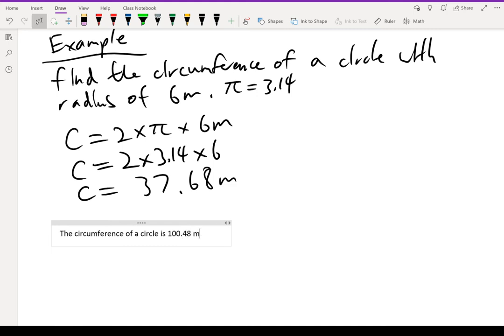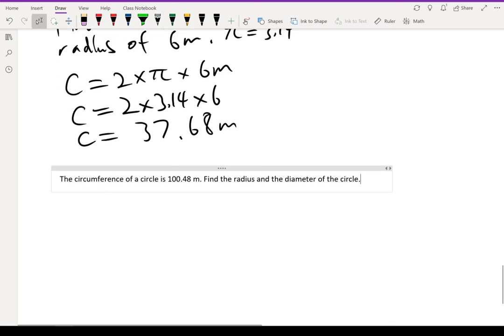Okay, and you'll notice later why I use 100.48. So the circumference of a circle is 100.48 meters. Find the radius and the diameter of the circle.